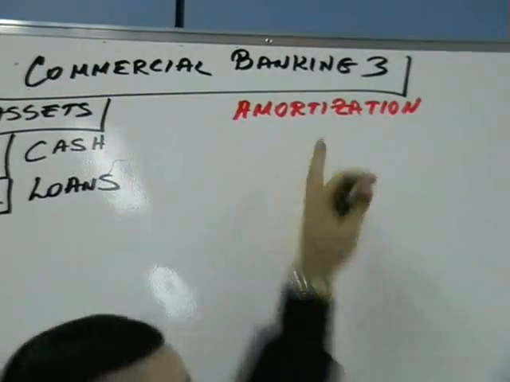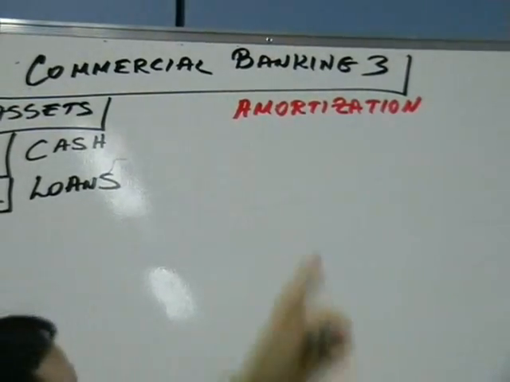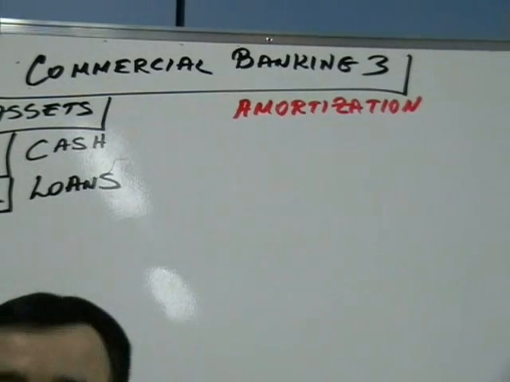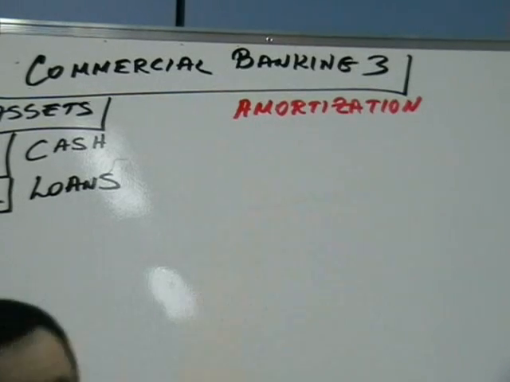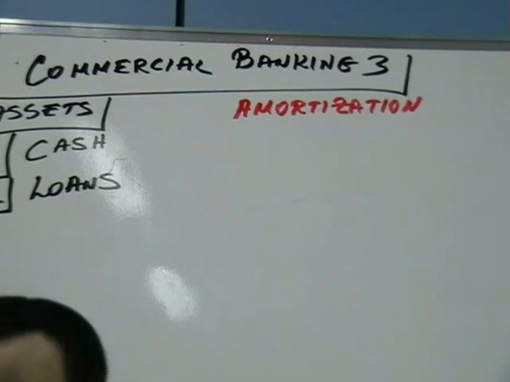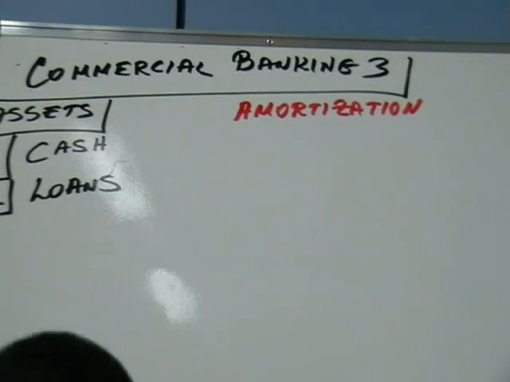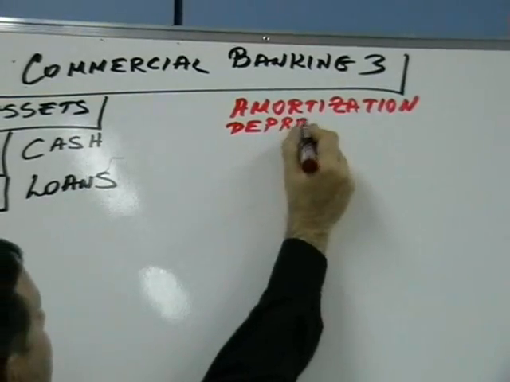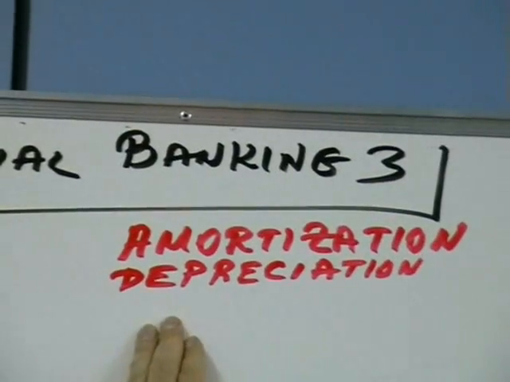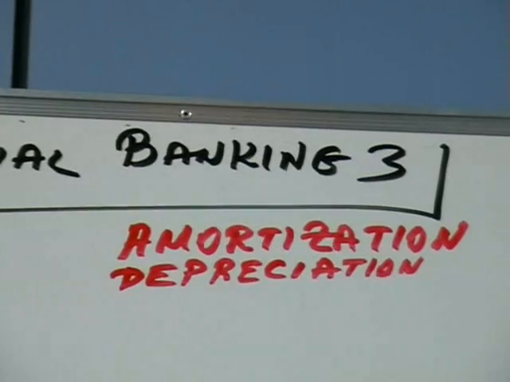Amortization is, in terms of a loan, the pay down or the reduction of the principal or the value of a loan. And let's clarify a concept and the difference from elementary accounting. Depreciation is the loss of value of a hard asset or real asset.